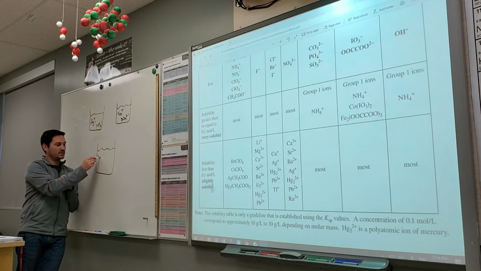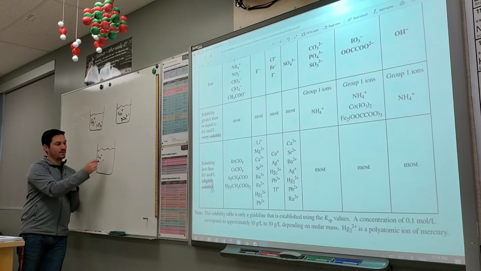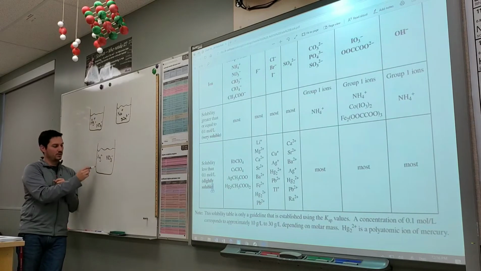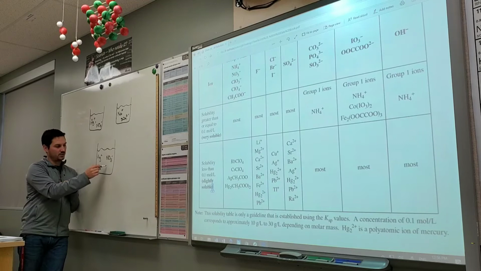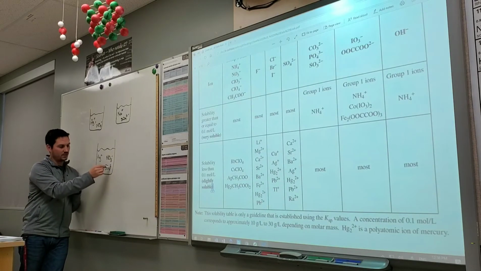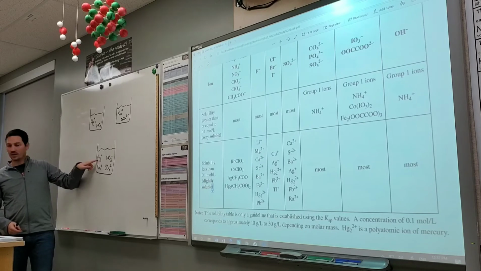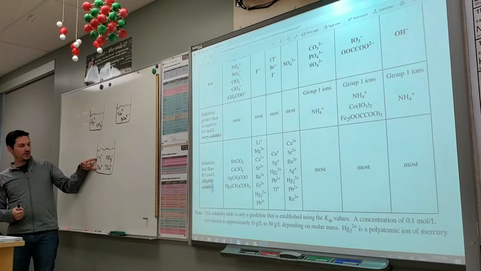Yes, silver ions. What other ions am I going to get? Nitrate ions. What other ions? Sodium ions. What other ions? Sulfate ions.